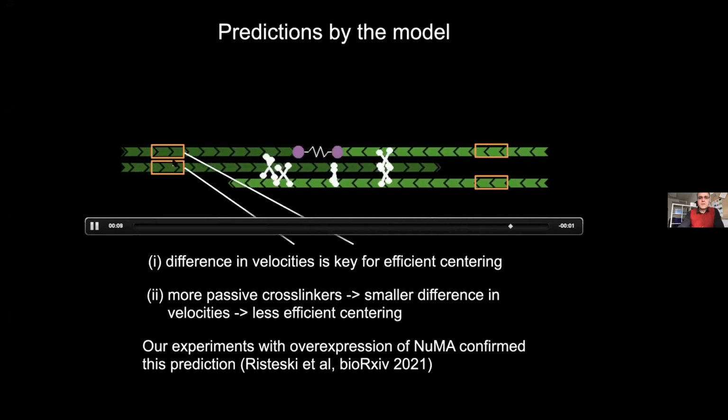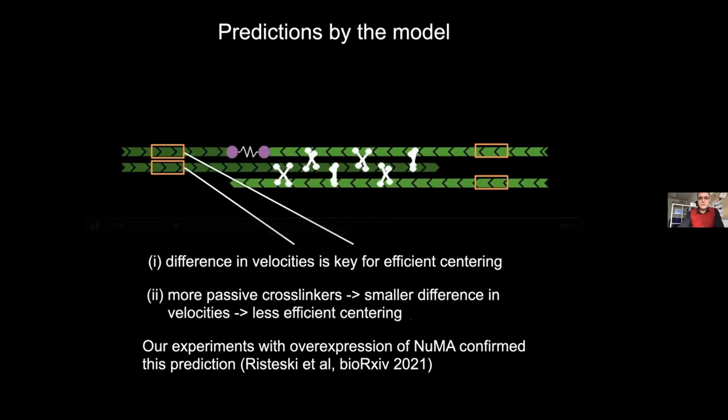Already on an intuitive level, it is clear that the connection between the K fiber and the bridging fiber will be stronger, and because of this stronger connection, these two objects will not slide as much as they slide now. Because of that, there will be a smaller difference in velocity on the left and on the right, and we'll also get less efficient centering.